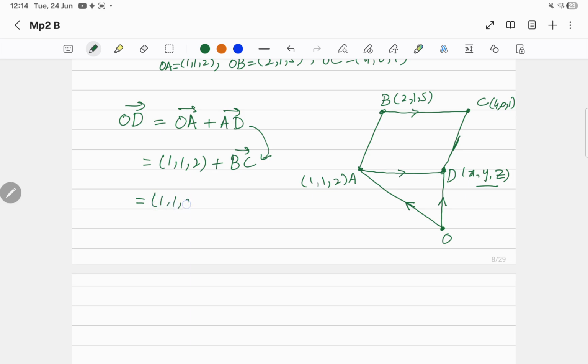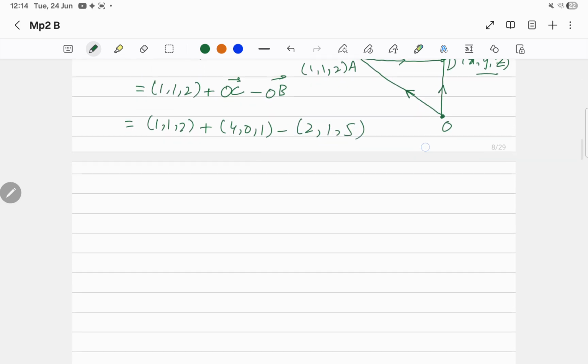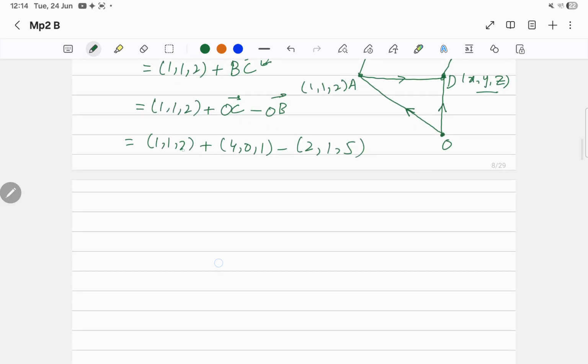So 1, 1, 2 as it is, plus BC written as OC minus OB. So it will be 1, 1, 2 plus the position vector OC, which is 4, 0, 1, minus OB, which is 2, 1 and 5.